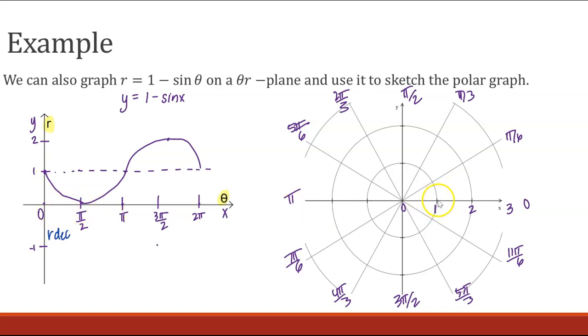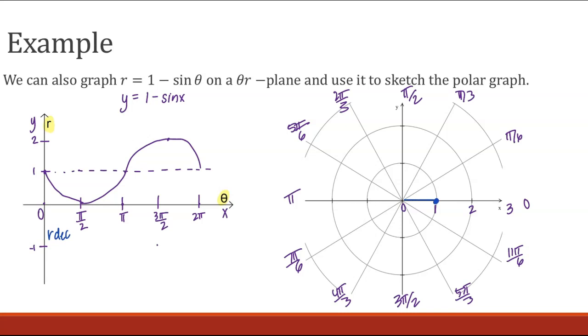So I'm going to come over here to the angle 0 and mark the point 1, because at 0 the directed distance is 1, but then those directed distances get smaller and smaller until I get to pi over 2. I'm going to draw it with some lines, and then I'm going to erase the lines.